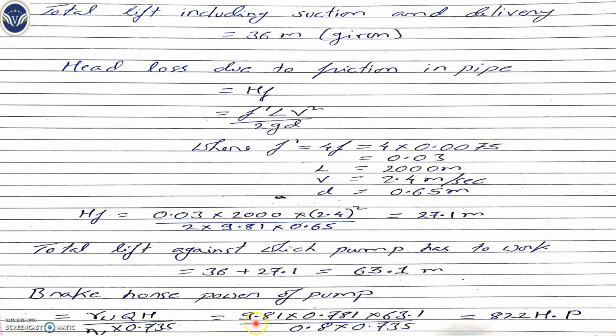So the value will be 9.81 into 0.781 into 63.1 divided by 0.8 into 0.735. The total horsepower here will be around 822 horsepower.